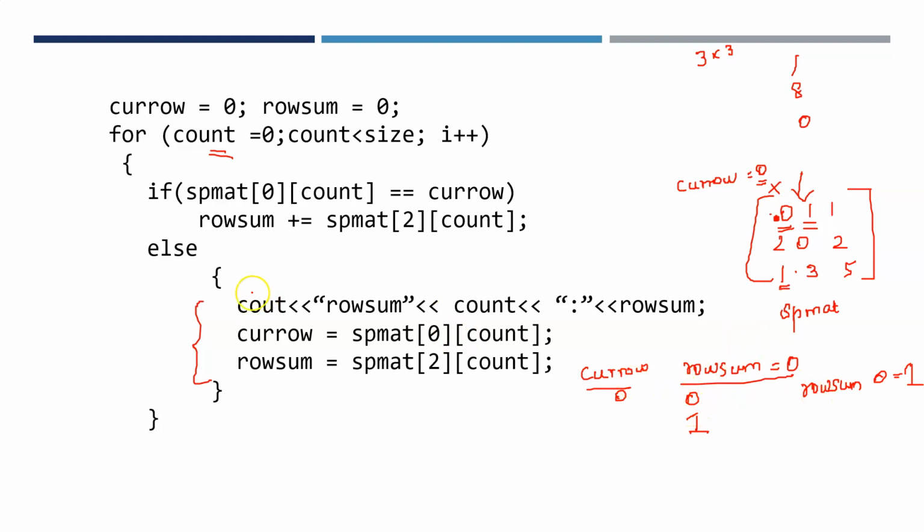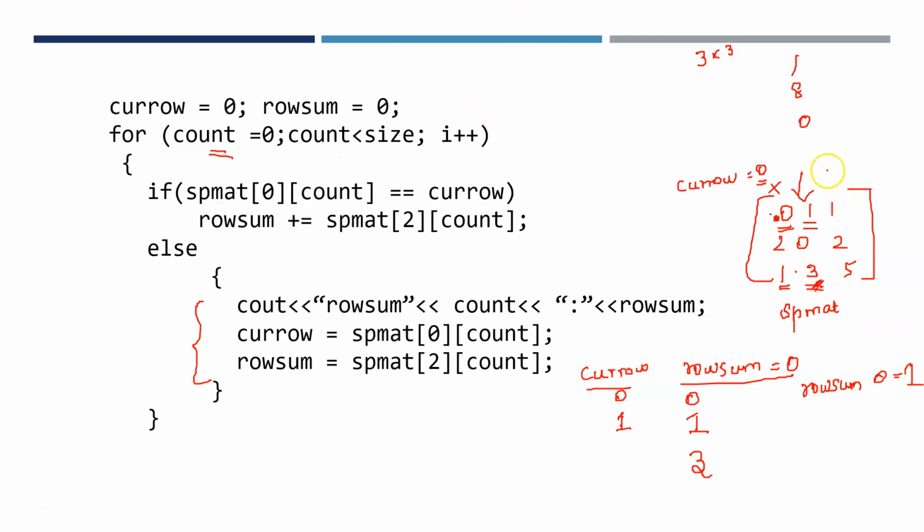Now I have to do some resets. Now I'm setting current row as 1, just as we have seen the current row as 1. Then I'm making this row sum into the value I find currently. So now instead of 1, the value will be replaced with this 3. Then it goes to the next entry.